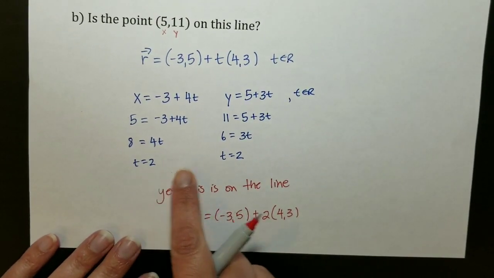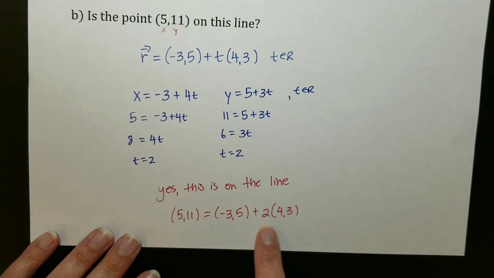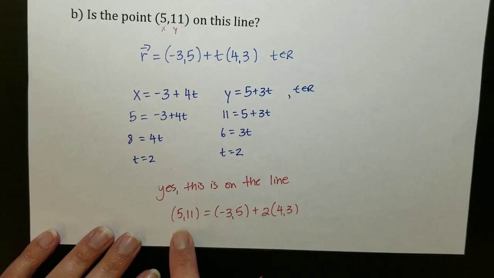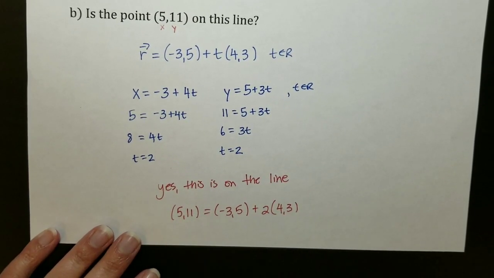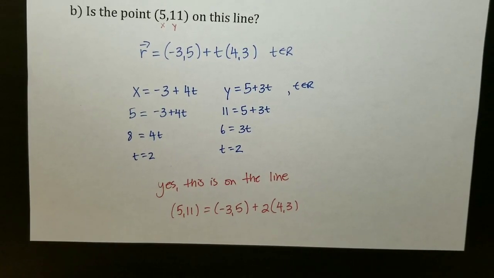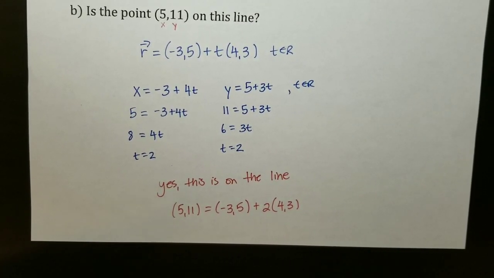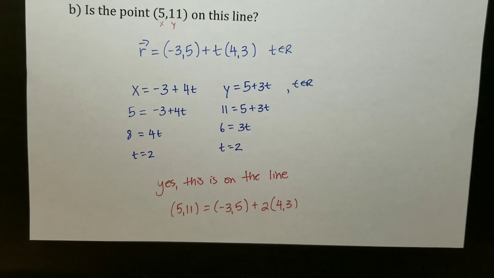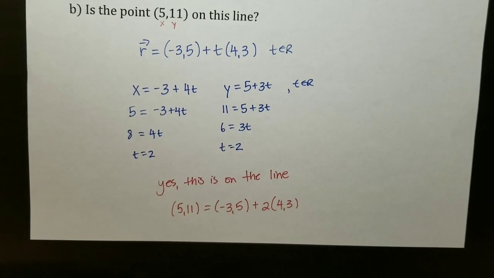Now, if you had gotten different t values here, then there's no one number you can put in this vector equation to get the point. If you had to put t equals 2 to get to the x value and t equals 3 to get to the y value, then that won't work because you're not adding that same scalar multiple in the x and the y components.